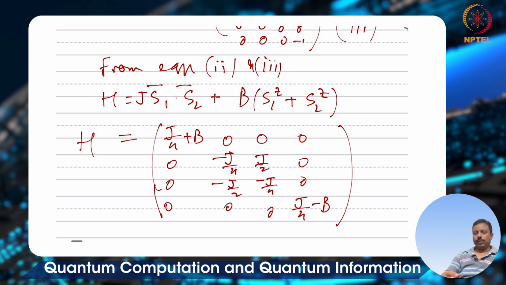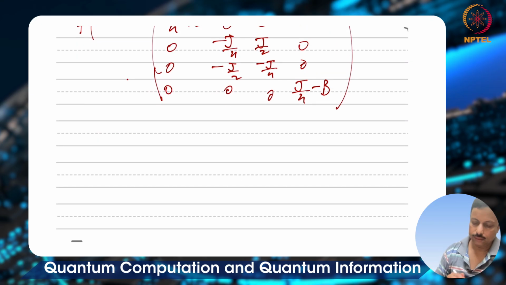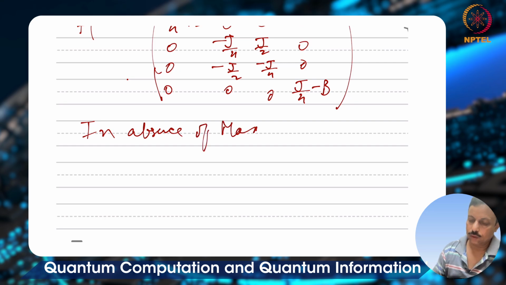And in absence of magnetic field, okay, this is equation number 4.